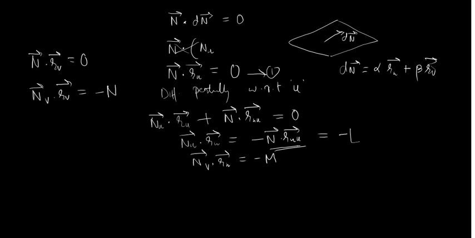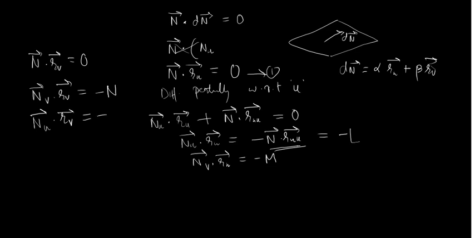And of course you could also get, if you partially differentiate with respect to u, n u dot rv would be equal to minus M.